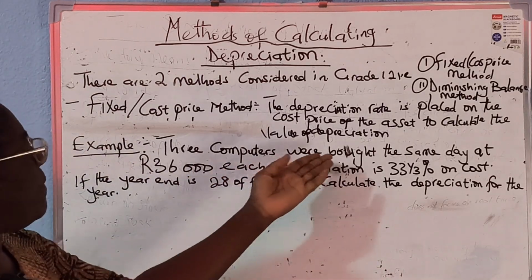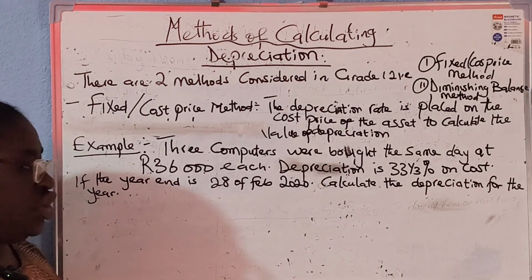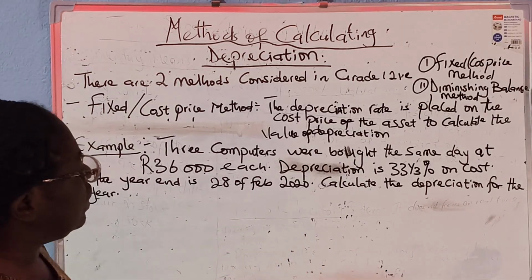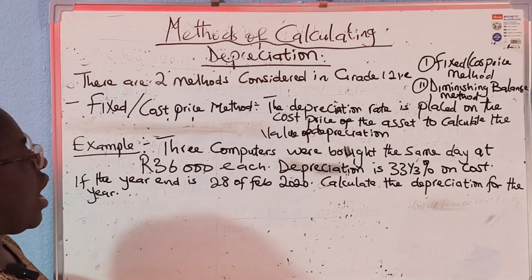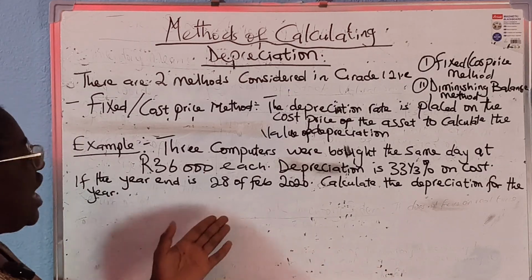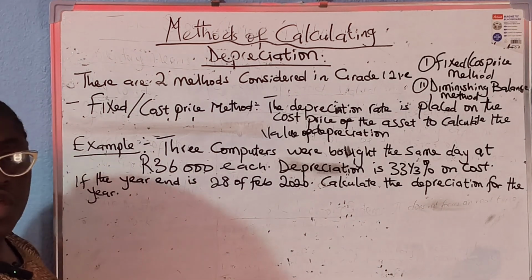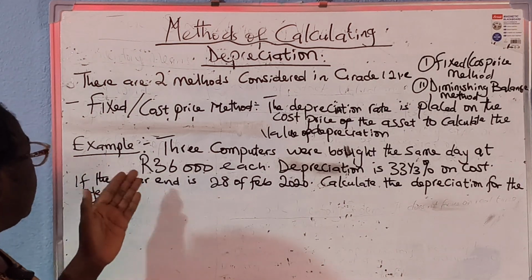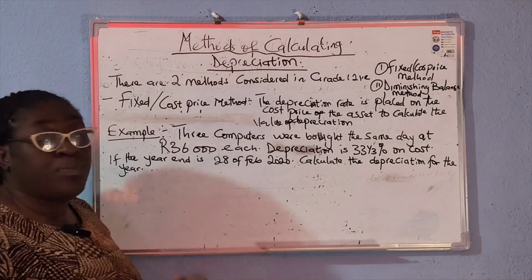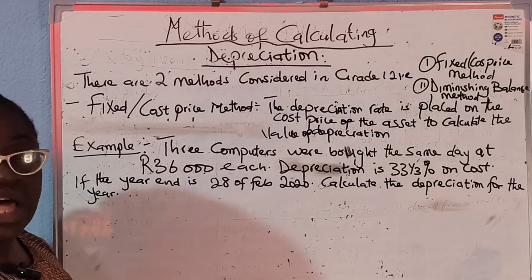Three computers were bought the same day at 36,000 rand each. Depreciation is 33 1/3% on cost. If the year end is 28th of Feb 2020, calculate the depreciation for the year. The asset is a computer, and we have 3 computers, each costing 36,000.